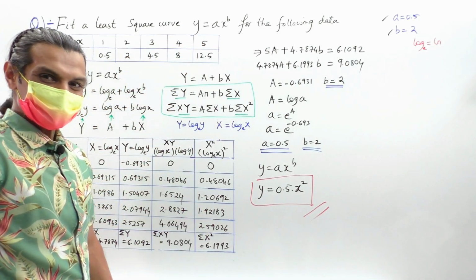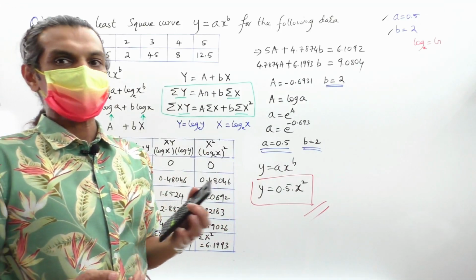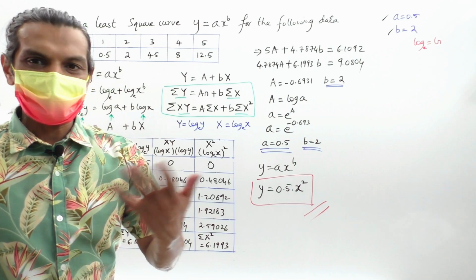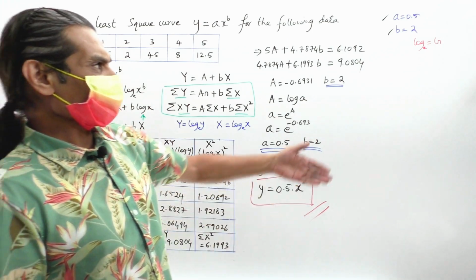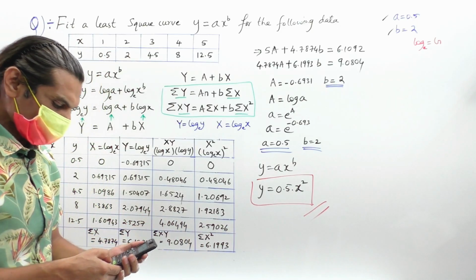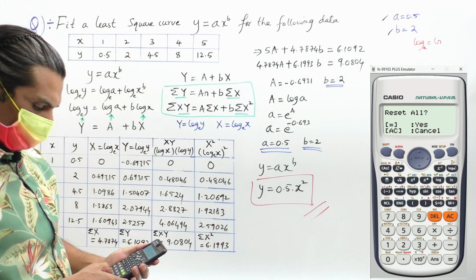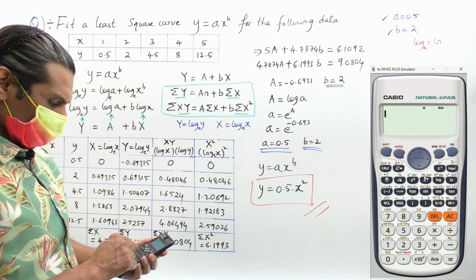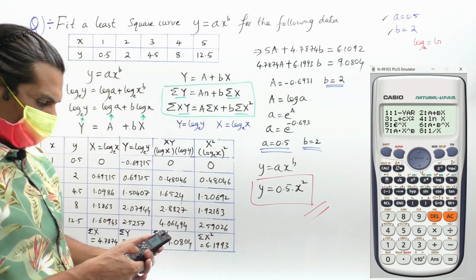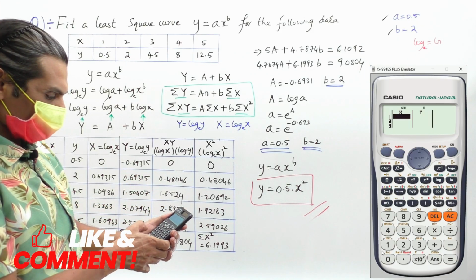Now, the same thing we will solve using the fx 991ES Plus. There is no need to do it fully, because we will not get all the summation values here, we have to find them manually, and only get the values of A and B. Let us see if these values are verified in the fx 991ES Plus also. As usual we shift clear the memory, all, then go to mode, then stats number 3, and you are fitting for y is equal to a x to the b, so number 7.